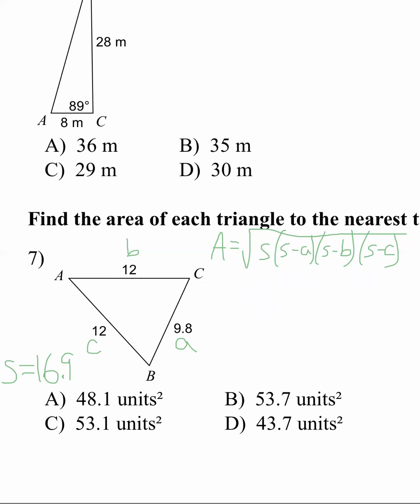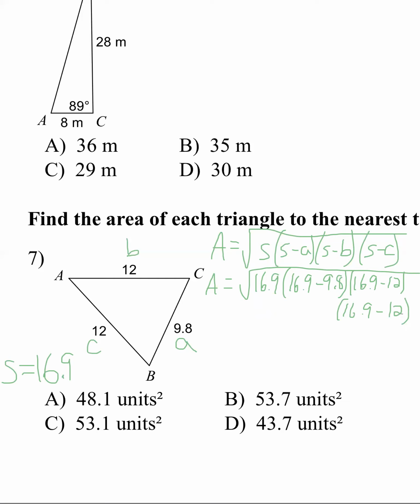It's just annoying because there's a lot of little parts. So S, remember, is 16.9. So we'll do 16.9 times (16.9 minus A, which was 9.8) times (16.9 minus B, which is 12). And then one more, I'm going to have to squeeze it in down here: 16.9 minus C, which is again 12.